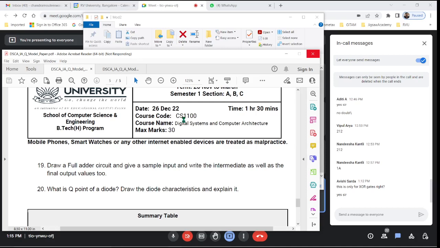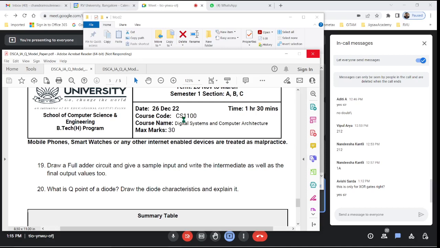So if you have doubts, please expand this, put an extra gate here so that you will not make any mistake. So write all the inputs and outputs, intermediate outputs, and finally the output that you get. That's what is expected of you in the question. Draw the full adder and give a sample input.